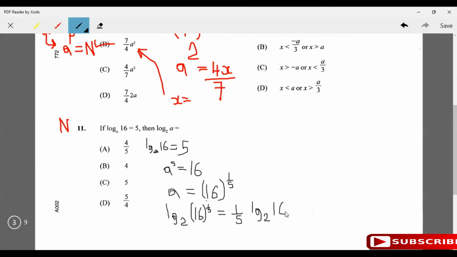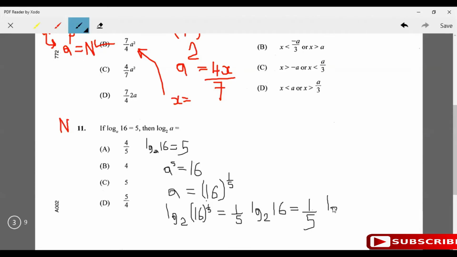When you reach right here, you can solve it two ways. You can use change of base law and do this question, or you can just work it out normally. So let's work it out normally. So what we're going to do is write this as 1/5. Now look at this now. 16 can be written as 2 to the 4th power.